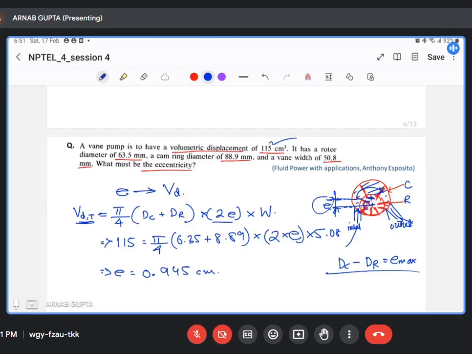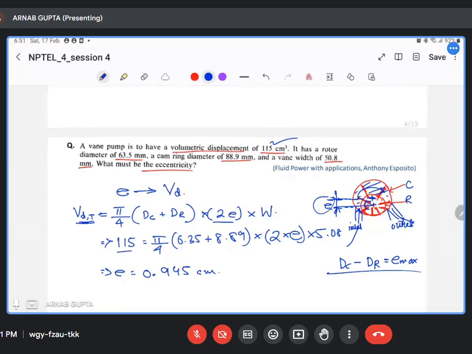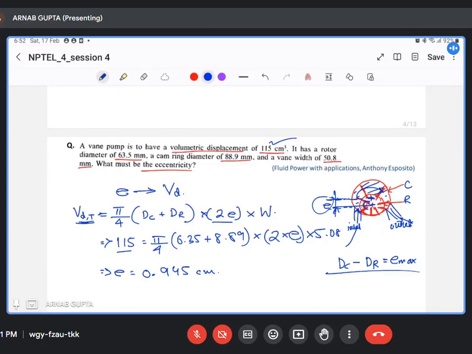So just to check if this is correct or not. This is 115 centimeter cube, and you have this pi by 4 into (6.35 plus 8.89) into 2 into 50.8, so 5.08.